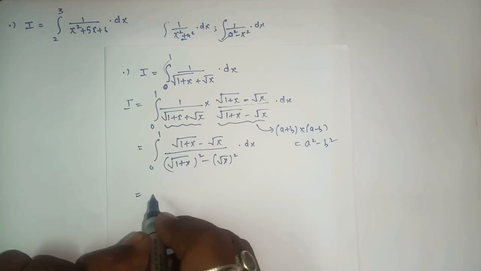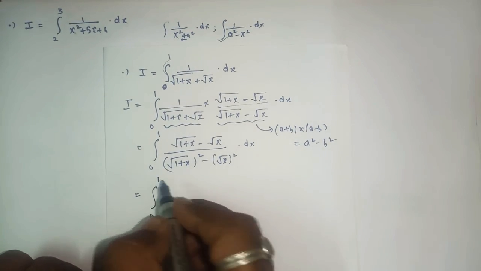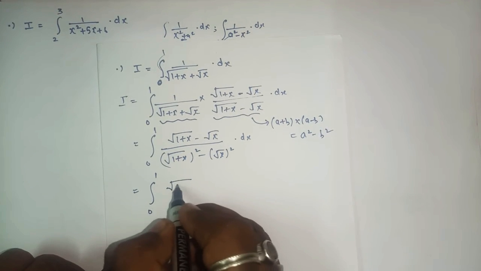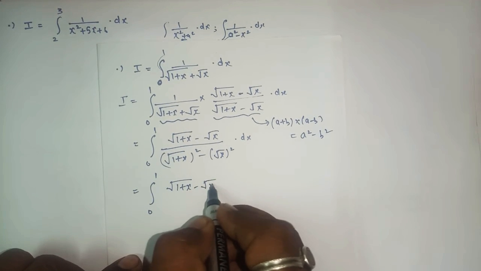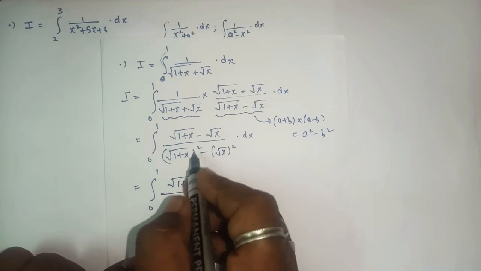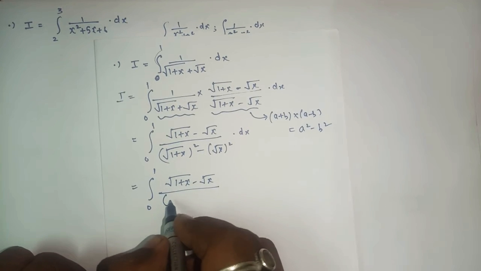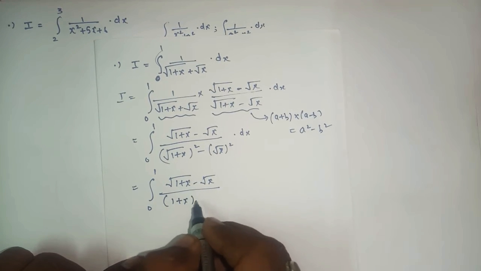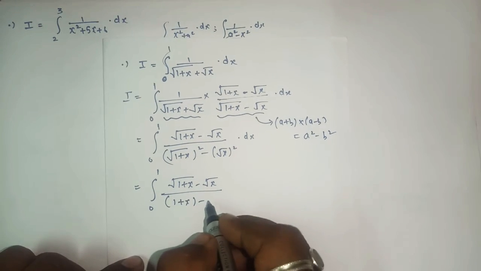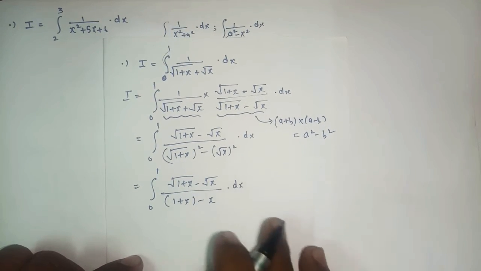Now after this, integral 0 to 1 of root 1 plus x minus root x upon, the square root will get cancelled, so here we get 1 plus x. Here also the square root will cancel, so we get x only.